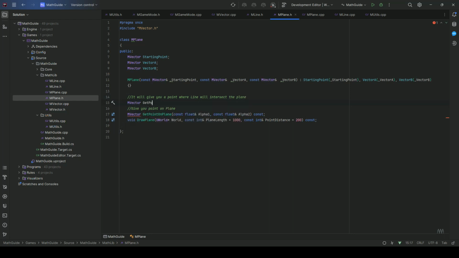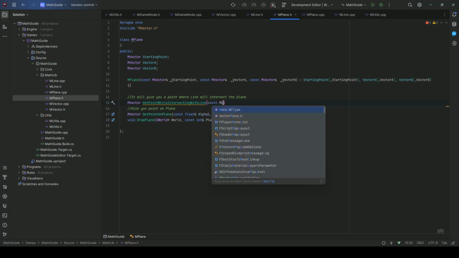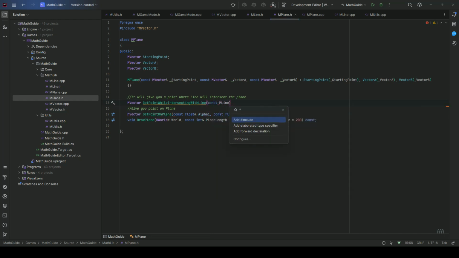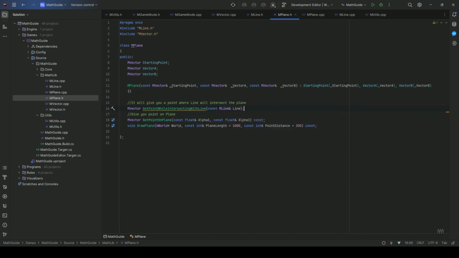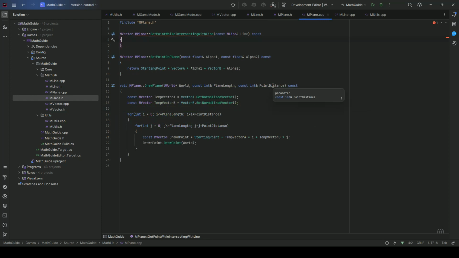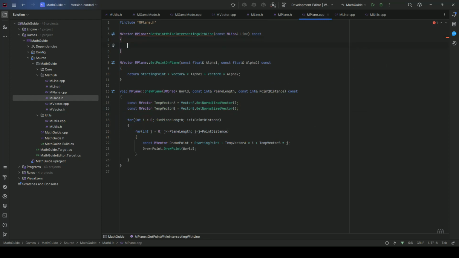So get point while intersecting with line, and it will take a plane and a line as constants. Get point while intersecting with line. Alt enter, generate definition.